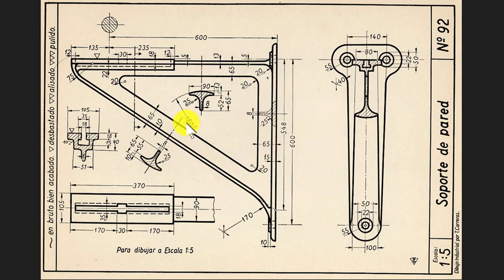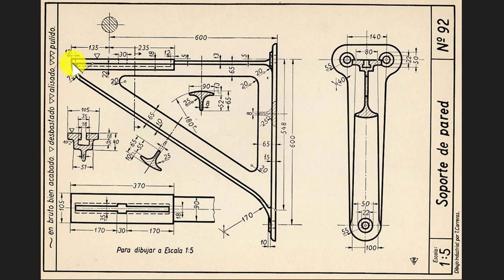Well, as I understood from this drawing, 100 is this dimension at one end of the sloped side, and 80 is the dimension at the other side here.